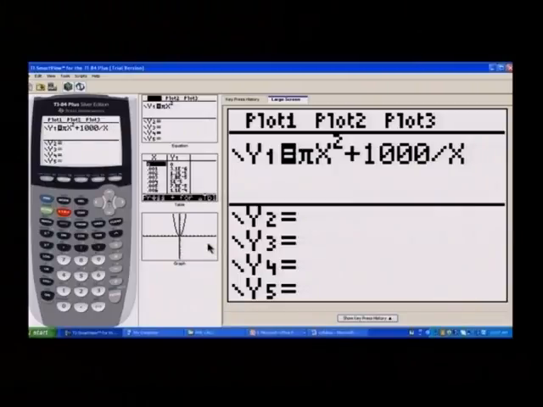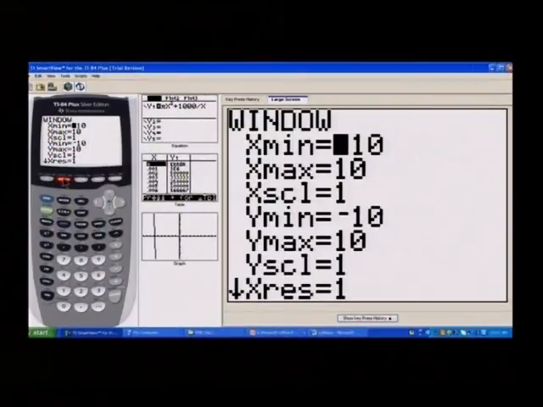Now, the hardest part in these problems when you're using your calculator is setting the appropriate window. And again, common sense is what we're going to use to try to figure that out. If you'll remember and look at your equation, ours is in terms of r, which is the radius of the can. Now think common sense wise.